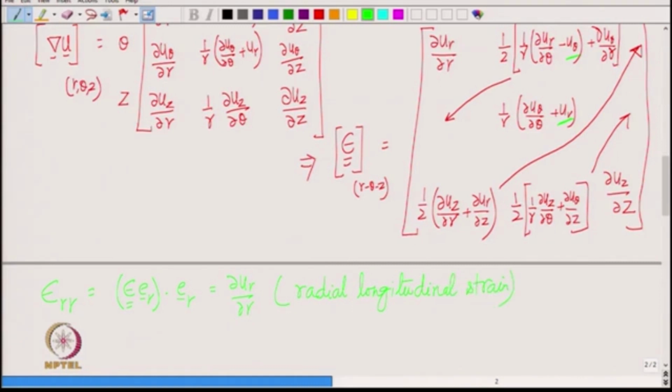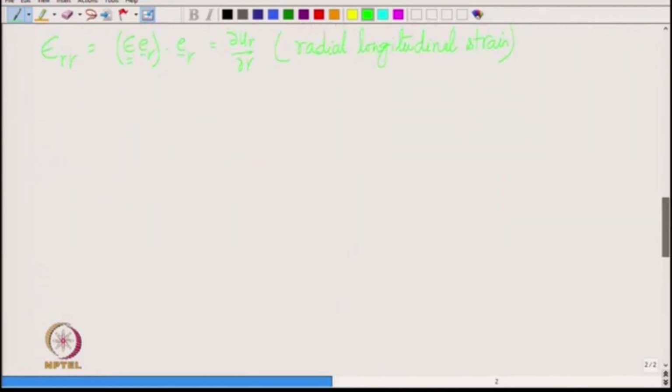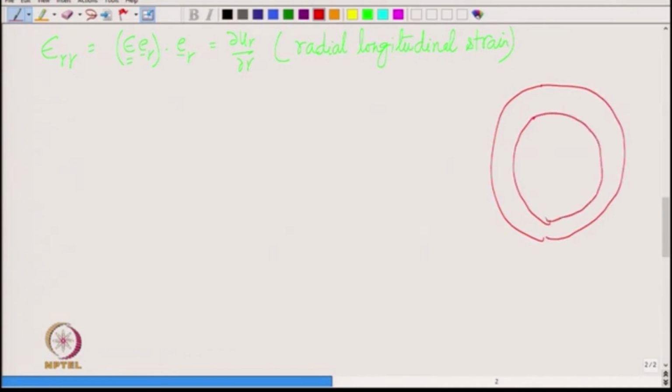Okay. So, basically think of a radial line element and what is the elongation of that radial line element. So, we can also draw a picture. So, think of this cross section of a hollow cylinder. Okay, so, that is the cross section of a hollow cylinder.